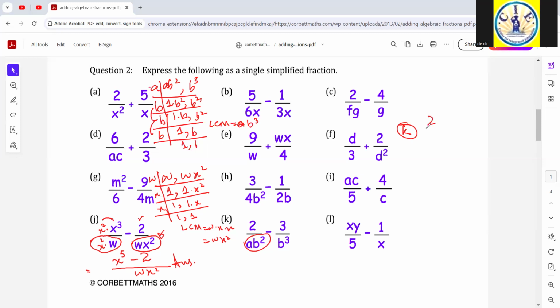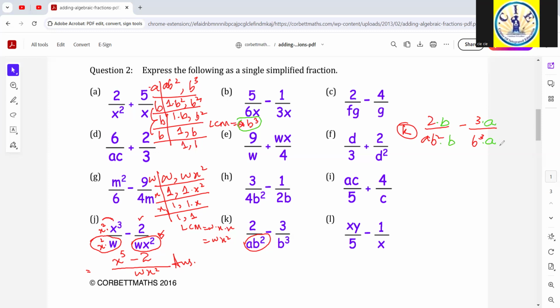So 2 by ab square is already there, minus 3 by b cube. To make their denominators the same, to have this LCM ab cube, I just need to multiply the first by b, so the denominator becomes ab cube. In the case of the second fraction, I just need to multiply it with a.